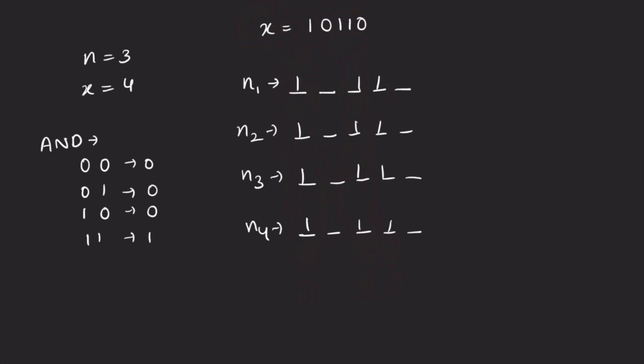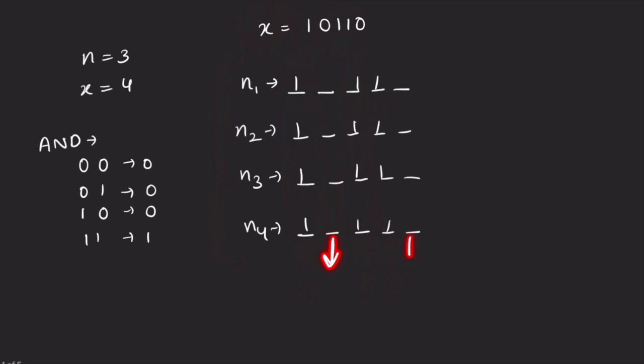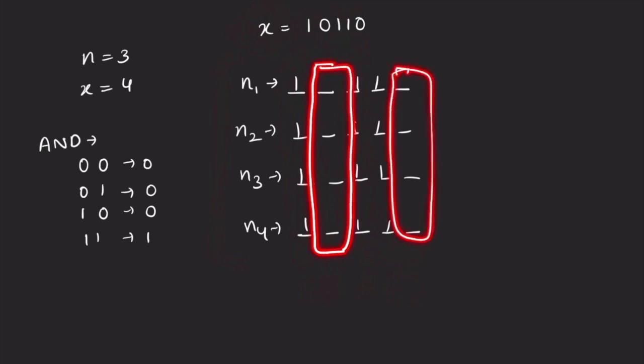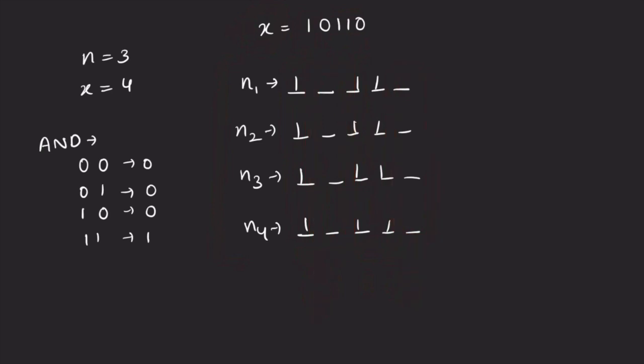Now, what about the other bits? How do we identify the other bits to create our actual numbers? If you see, for the bitwise AND of these numbers to be equal to this x, the outcome of these places should be 0, because only then our bitwise AND is going to be equal to x. So for these positions, your bitwise AND should come out to be 0. Now, when is it going to come out as 0?